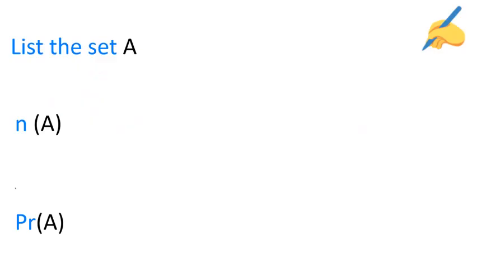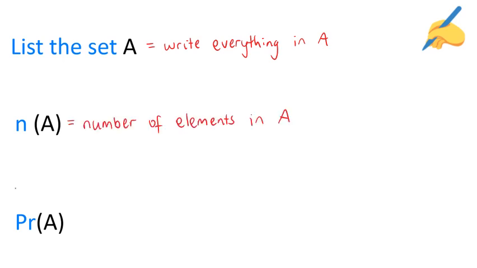Just some terminology for you. If it says list the set A, that means write everything in A. n(A) would be the number of elements in A, so just count how many things there are. And Pr(A) is a probability of A. Mutually exclusive means there's no elements in common.